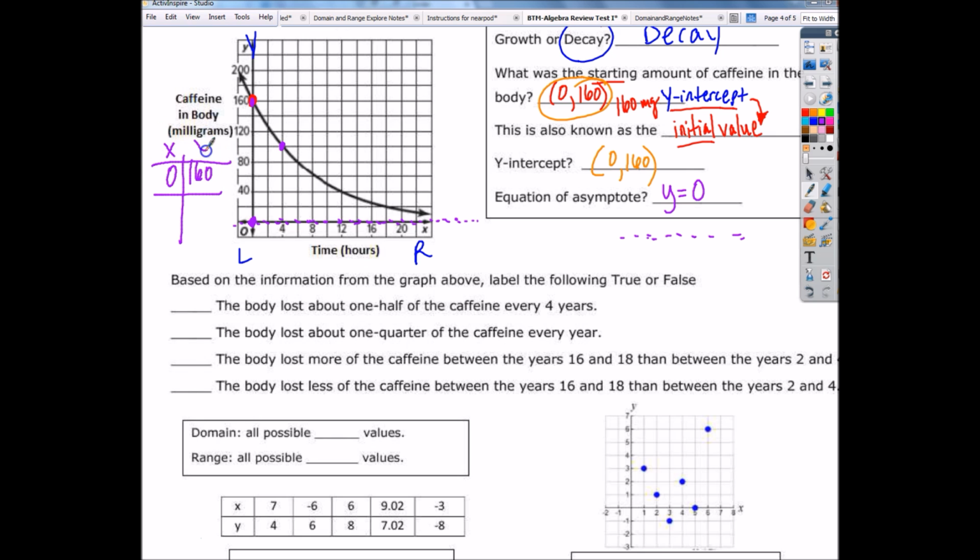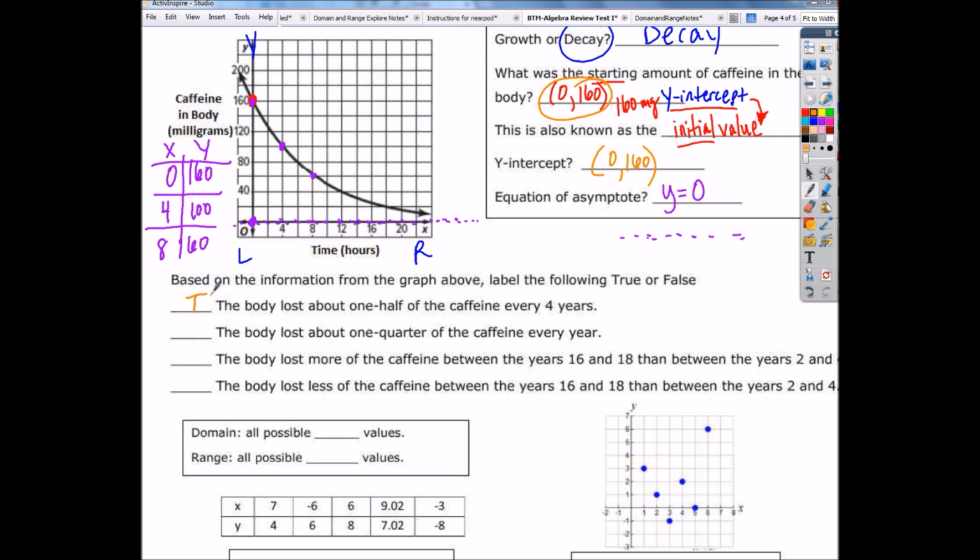Yeah, we can do x and y axis. We can also say at 4 we had 100. At 8 it's getting close to, what is that, 60. And so 60 is almost half of 100. 100 is getting close to 160, but you know, it's kind of a tricky question here, but I want to say true, about 1/2, getting close to that.